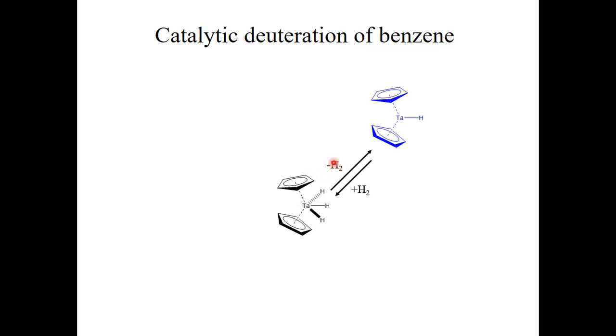And that represents reductive elimination, because over here, the tantalum is in the oxidation state +5. That is because we have 3 hydrido ligands, which are negative, and 2 cyclopentadienyl ligands, which are negative as well.